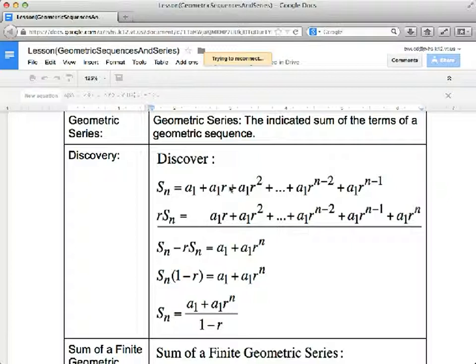Notice I offset it intentionally so these all line up with each other. I would then subtract the second row from the top row. So I get s sub n minus r s sub n. a1 minus 0 is a1. These cancel, cancel, cancel. And then 0 minus a1 r to the n. Actually, that should be a minus sign, shouldn't it?